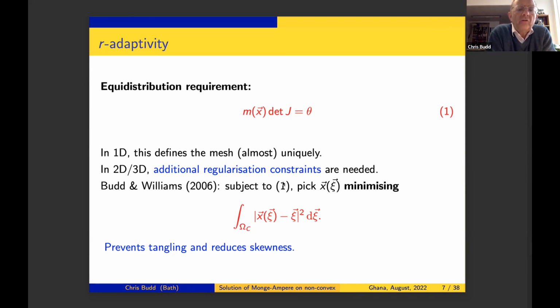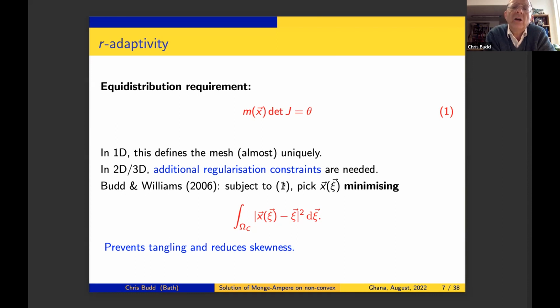And how can one describe closeness? Well, an easy way to describe closeness is saying that it has to be as close as possible in L2. So Jeff and I thought, well, can we solve equation 1 by looking at the solutions of equation 1 which minimize the deviation of the mesh away from a uniform mesh? So that's a simple idea, but immediately we can see things that are going to happen in this.